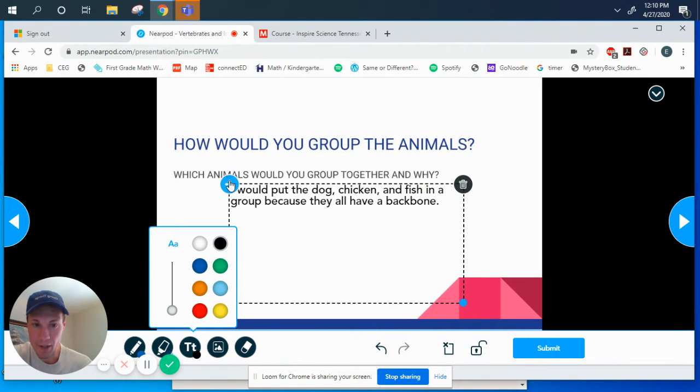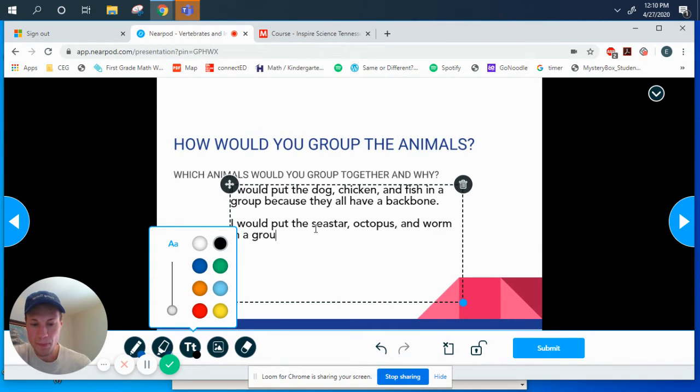And then move down here so we can see it better. And I would put the sea star, octopus, and worm in a group because they do not have a backbone.